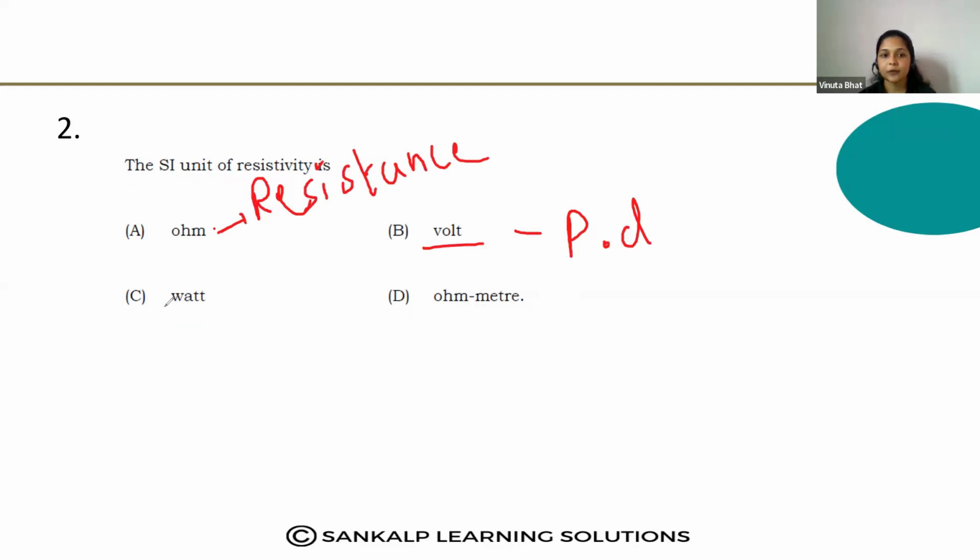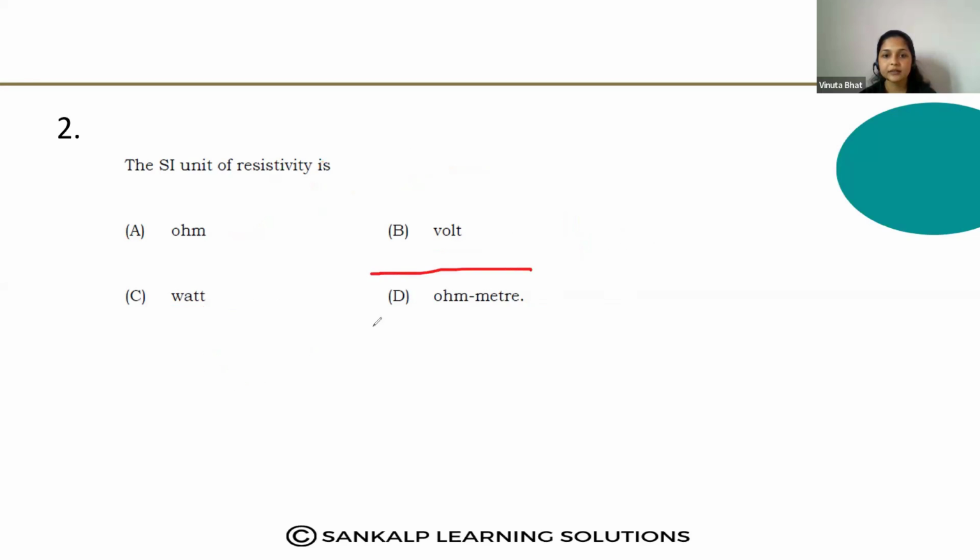Watt is the SI unit of power. Ohm meter is the SI unit of resistivity. Option D is the correct answer.